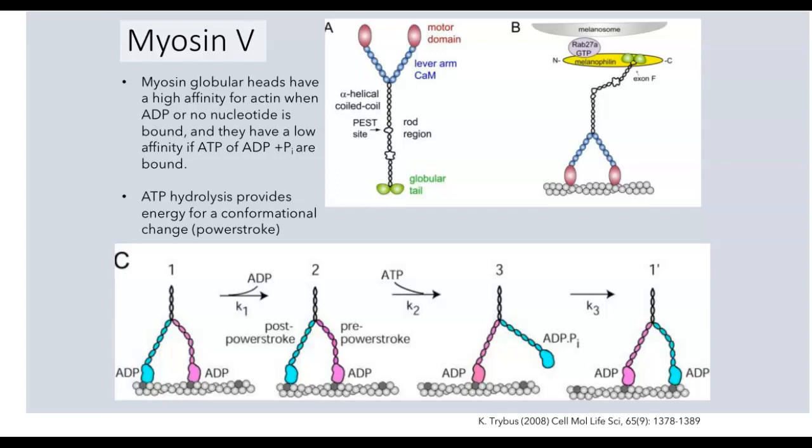When the inorganic phosphate is released, so that the globular head only has the ADP bound to it, now it has a high affinity again, and it will step down, and the globular head will bind to the actin again. So each time the molecular motor takes a step, the ATP will be hydrolyzed, there'll be a conformational change, and it will move one step forward.